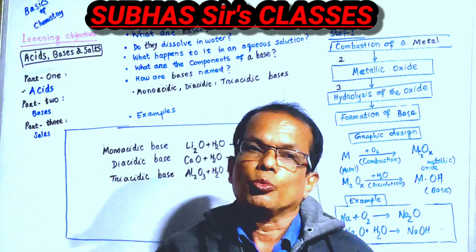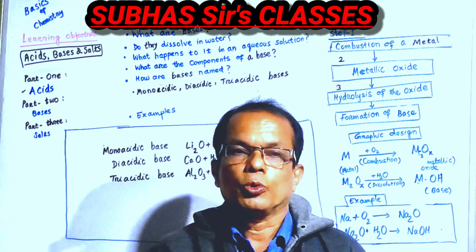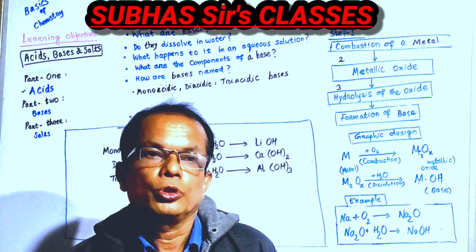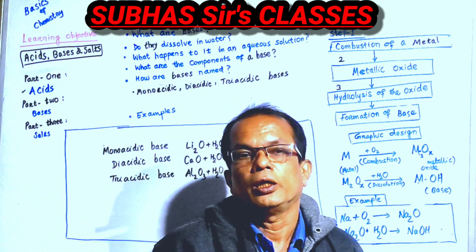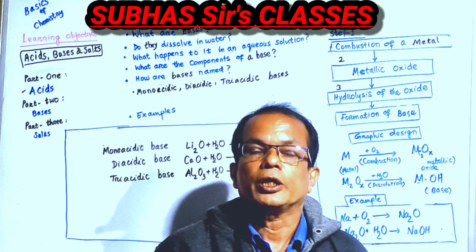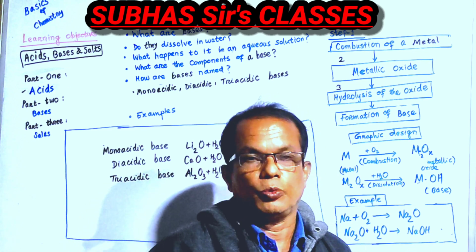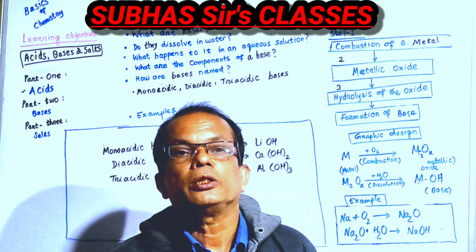Why are they called monoprotic? Because they give a single proton. H plus ion is also known as proton. So the single H plus giving acid is known as monoprotic. If it gives 2 ions of H plus, then it is diprotic. If it gives 3, then it is triprotic.